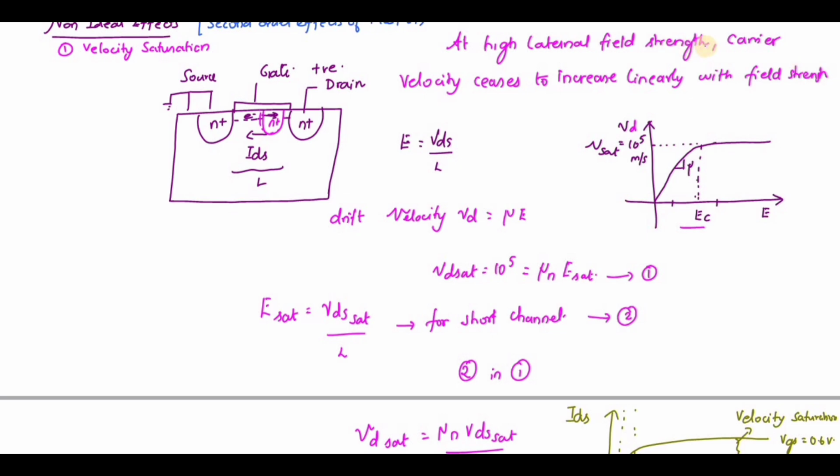So this is called velocity saturation, which will result in a lower IDS than is expected at the high VDS.